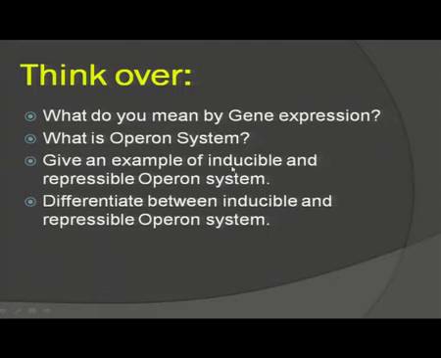One is inducible, in which the genes are expressed only when induced by the presence of a certain metabolite, and repressible operon system, in which the genes are repressed due to the presence of a certain metabolite. So, you have to give an example of these operon systems.